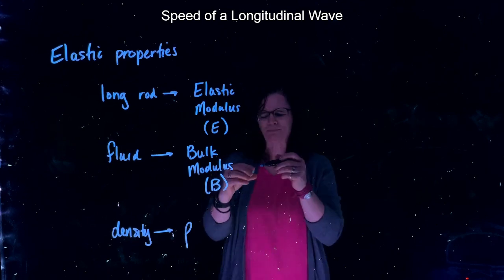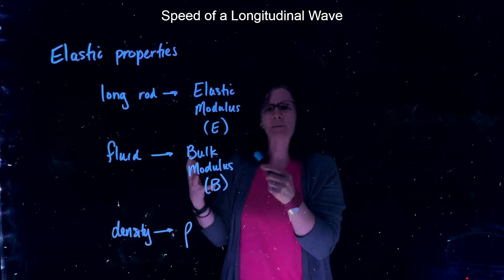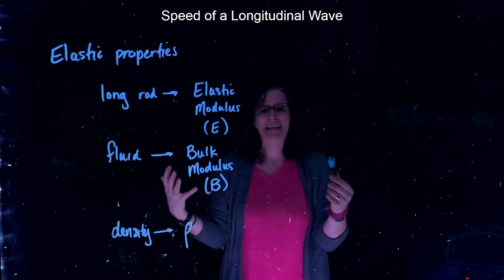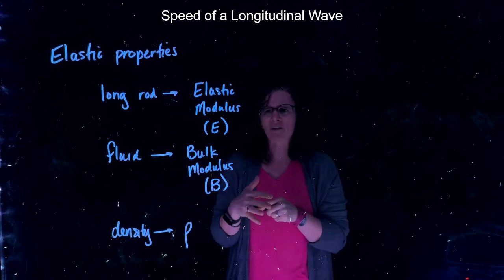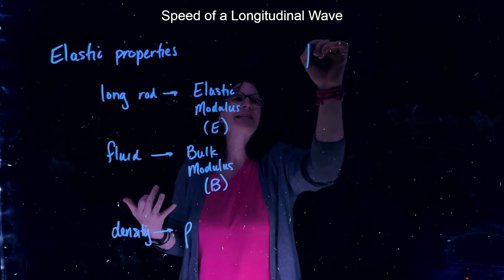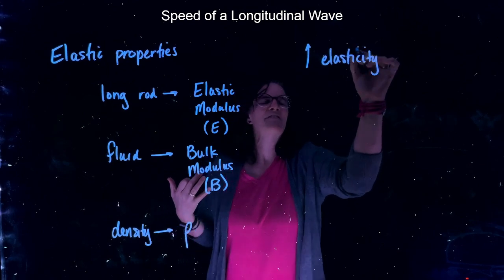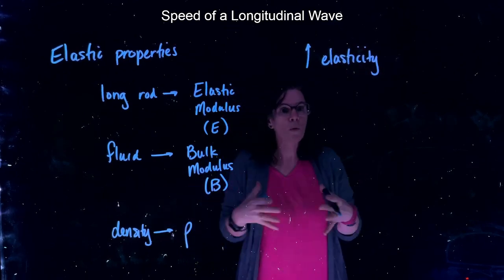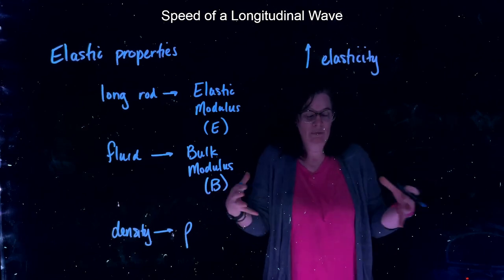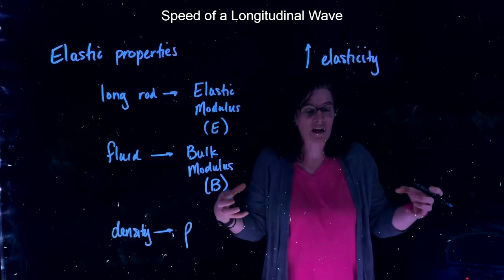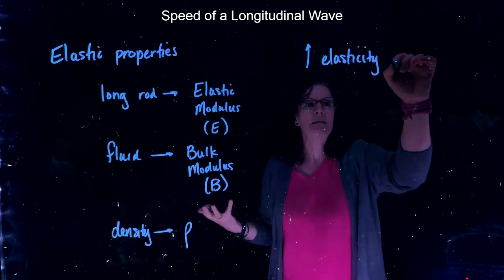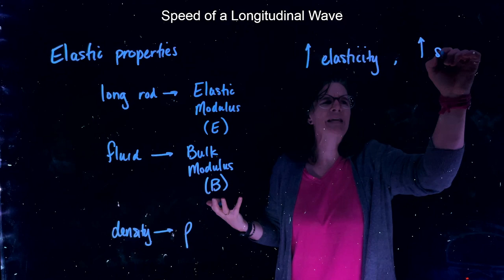All right, so how might this be related to the wave speed in a longitudinal wave in a material? Well, if I increase the elasticity, if I make it more elastic, easier to be stretched or strained, we might expect that we increase the speed.